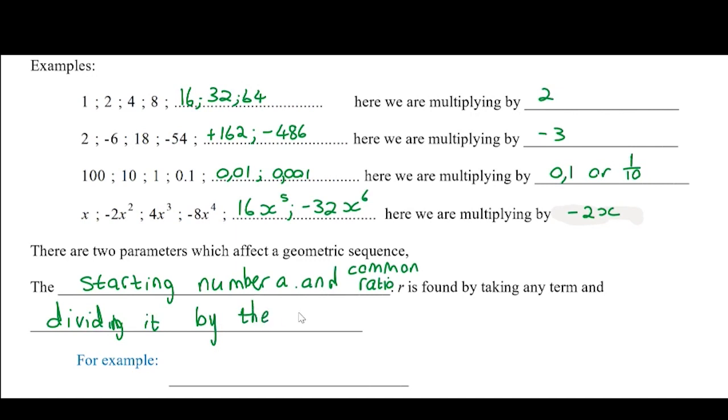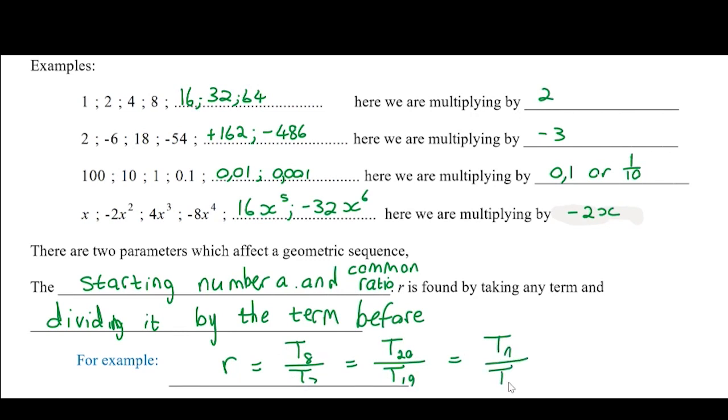So for example, R could be the 8th term divided by the 7th term, or it could be the 20th term divided by the 19th term. Or more generally, it could be the nth term divided by the n minus first term, the one before the nth term.